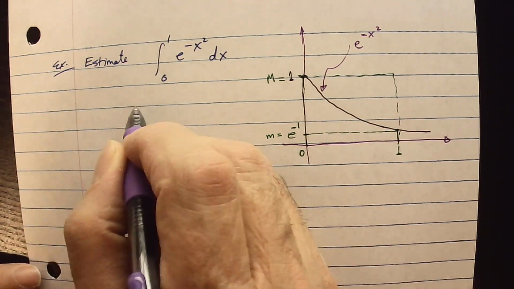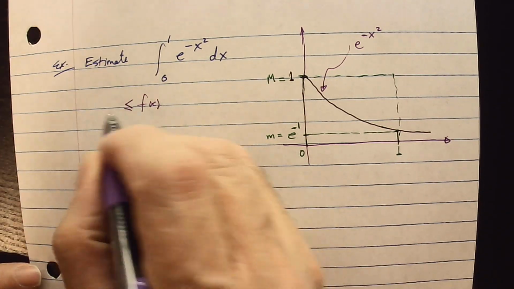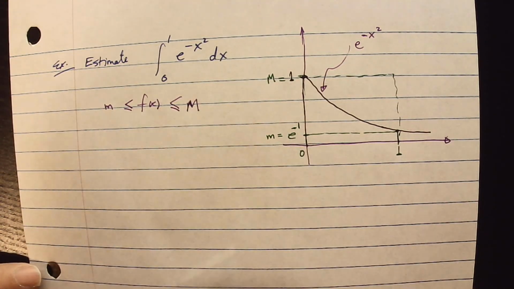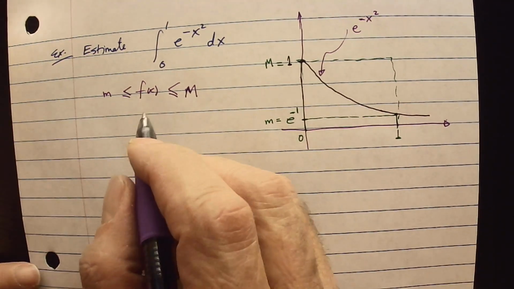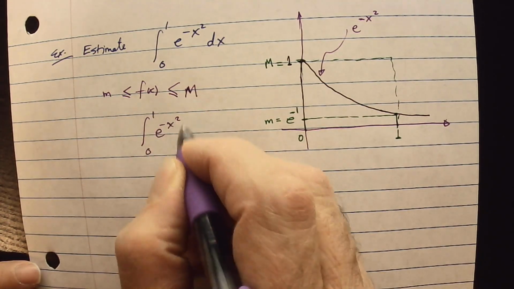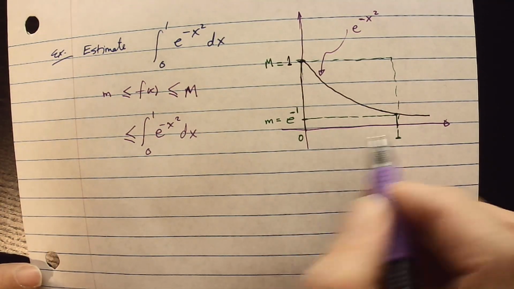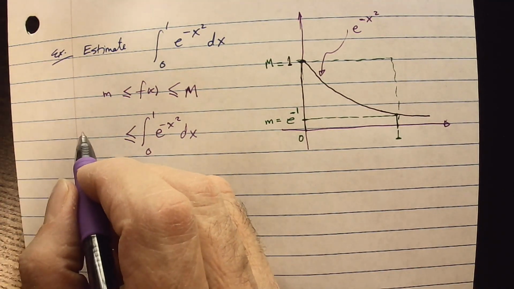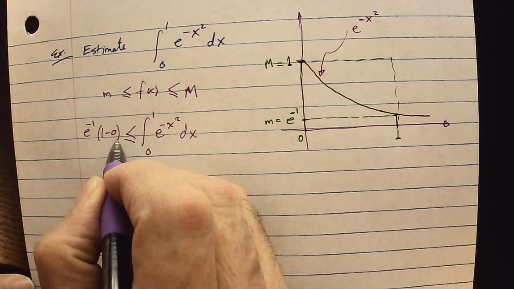So if we recall that for f of x greater than or equal to m and less than or equal to capital M, so if we consider this capital M and this small m, the estimate of the integral from 0 to 1 of e to the negative x squared dx would be greater than or equal to, now b minus a here is 0 to 1, which is 1, so I have small m, which is e to the negative 1 times 1 minus 0.